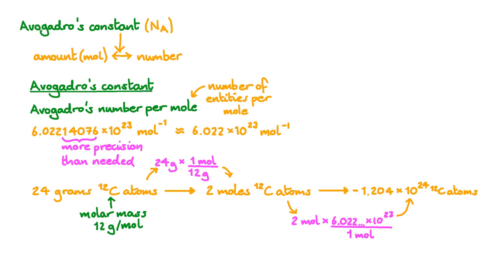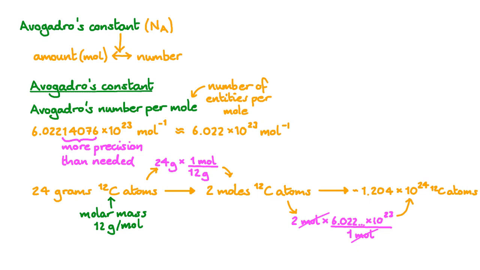To convert the amount in moles of carbon atoms to the actual number of carbon atoms, all we need to do is multiply by the number of entities per mole, which is Avogadro's constant. Avogadro's constant is commonly given the symbol N subscript A. What we get out is about 1.2 times 10 to the 24 atoms of carbon-12. Avogadro's constant makes it easier to remove the units of moles from equations or add them in.